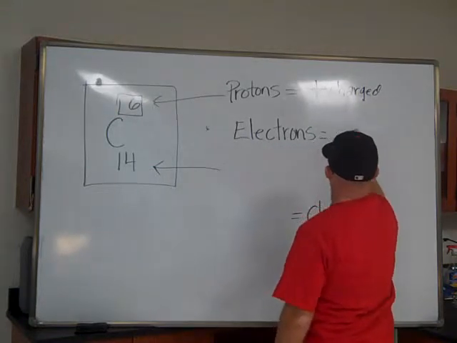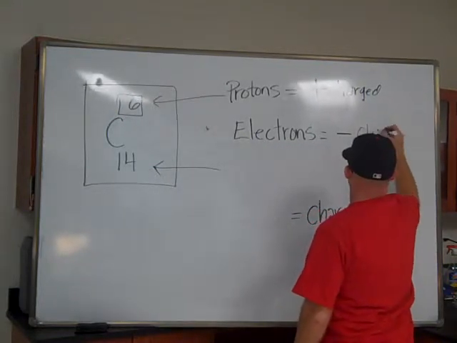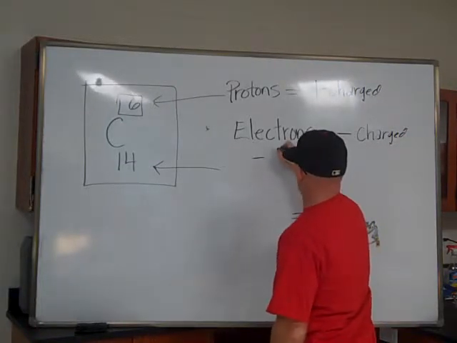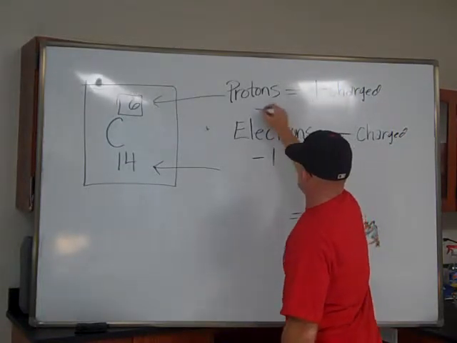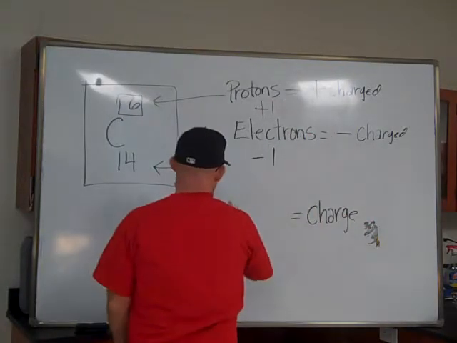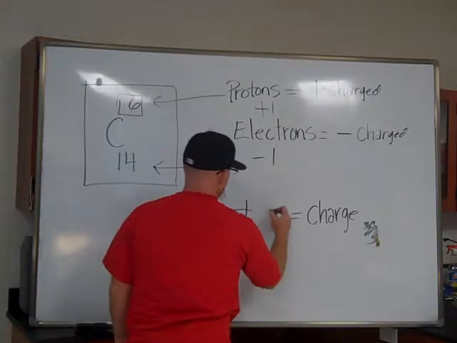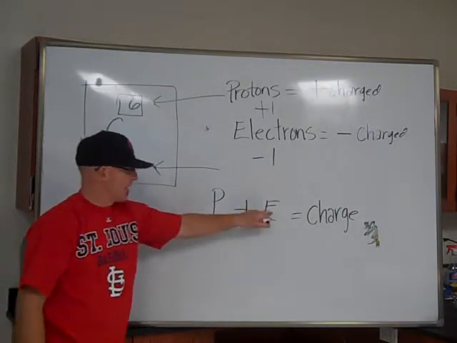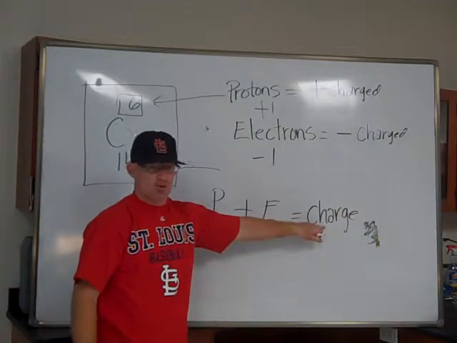Electrons are negatively charged. And all electrons have a charge of -1. All protons have a charge of +1. So in carbon, I have my protons plus my electrons equal my charge of carbon.